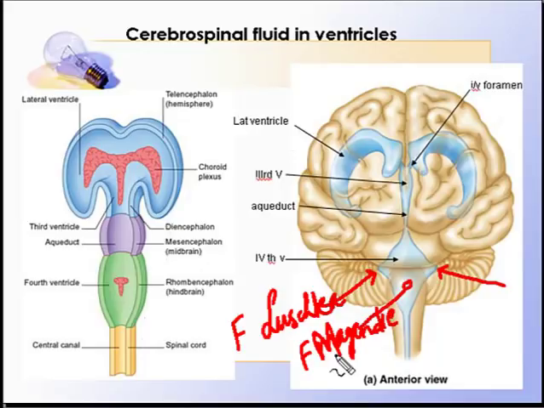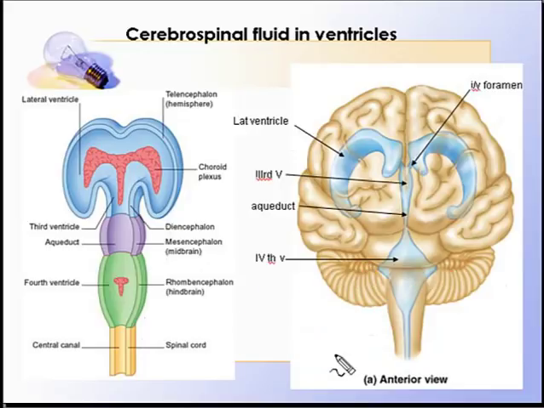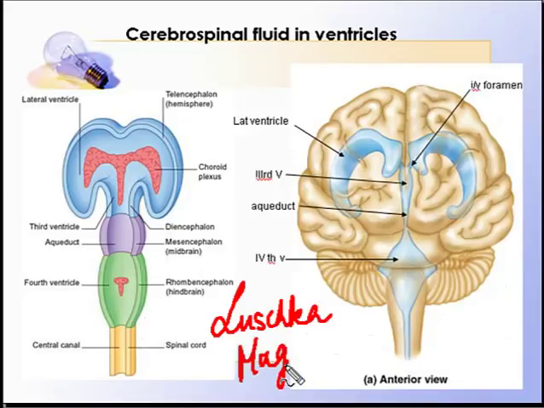So let me write that again, just in case you couldn't see. So that was Luschka, and Magendie. Magendie is the median aperture, Luschka is the lateral aperture. So you have two lateral and one central aperture.